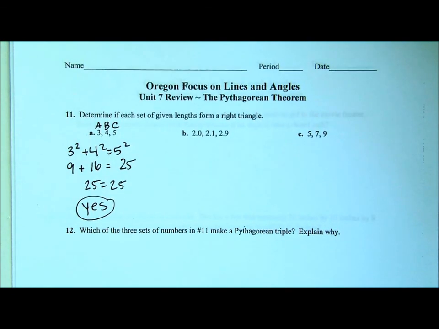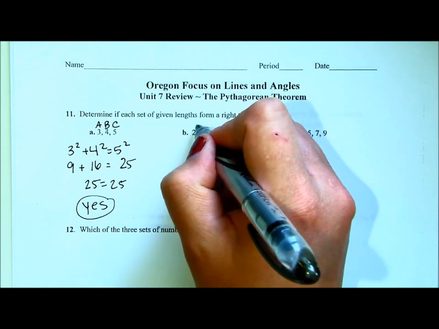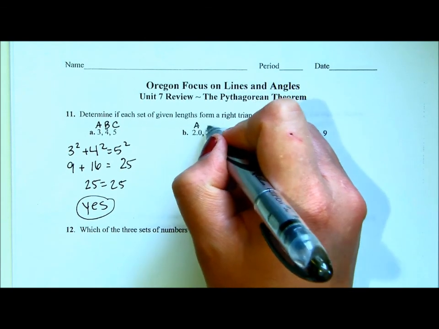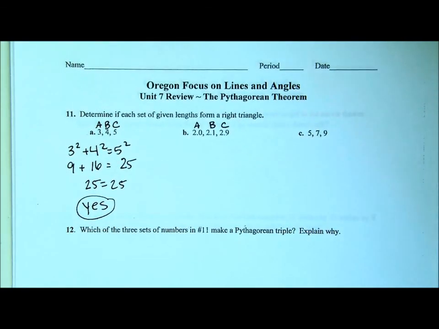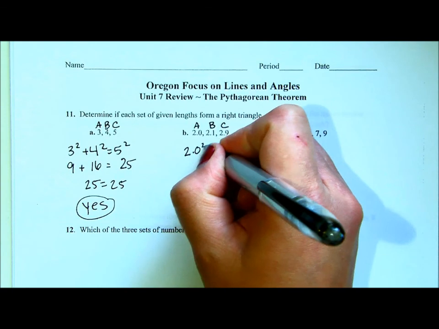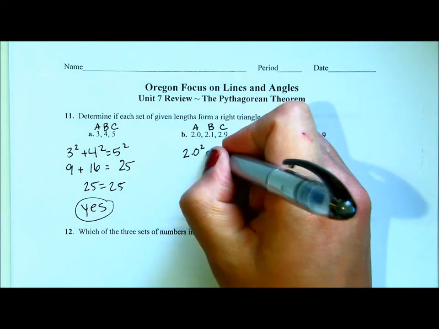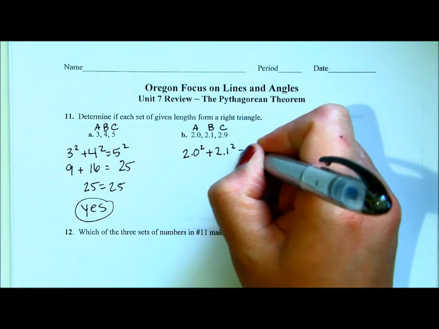On B, we have 2.0, 2.1, 2.9. So once again, A, B, and C. Now 2.0, that's the same thing as 2. So I'm going to leave it as 2.0 just because that's what it is in the problem, but it's just the same as 2. Next, I have 2.1 squared, and I have 2.9 squared.